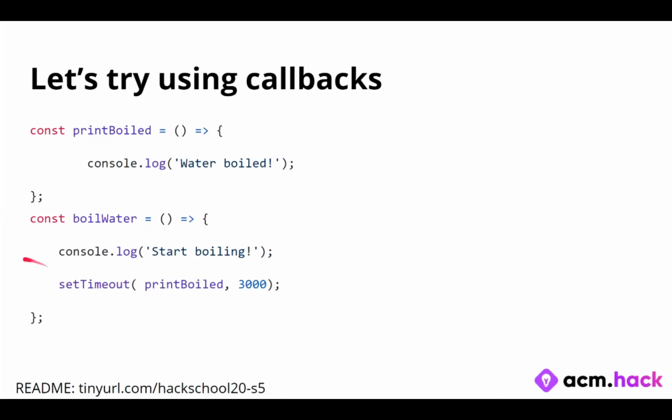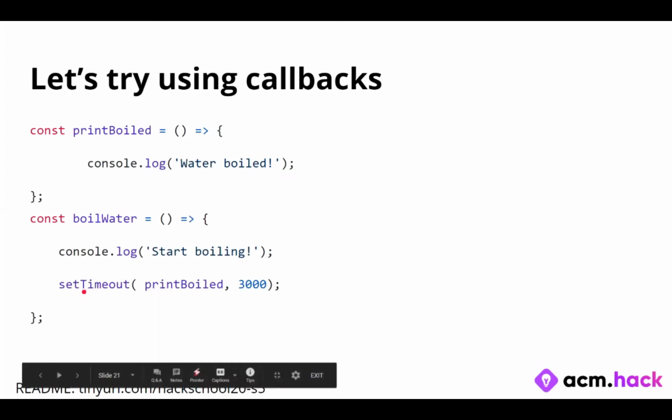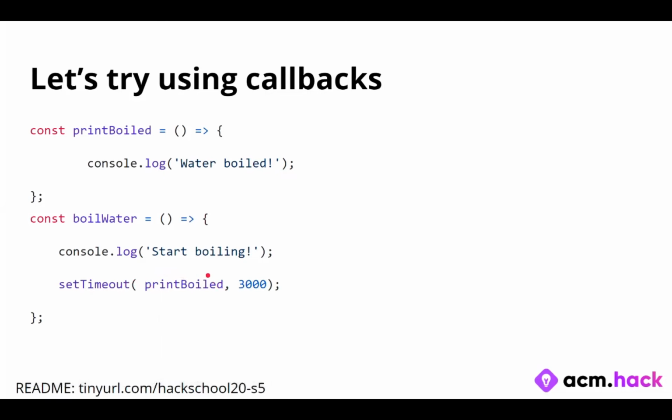We set a timer, it's called set timeout, and it reminds us to come back, and we are free to do other things. After 3,000 milliseconds has passed, we execute this print boiled function. And so print boiled is now our callback function.